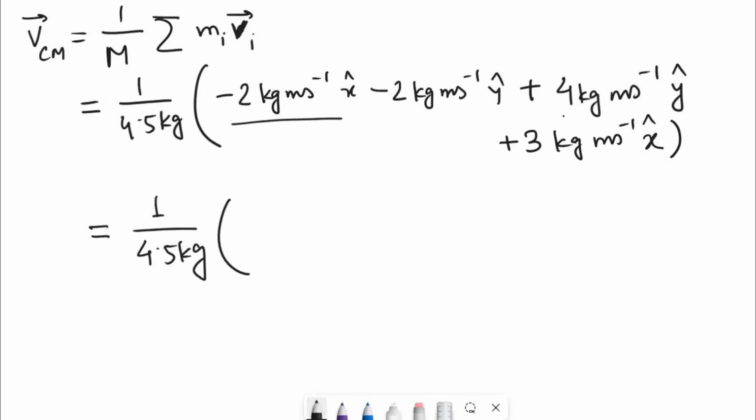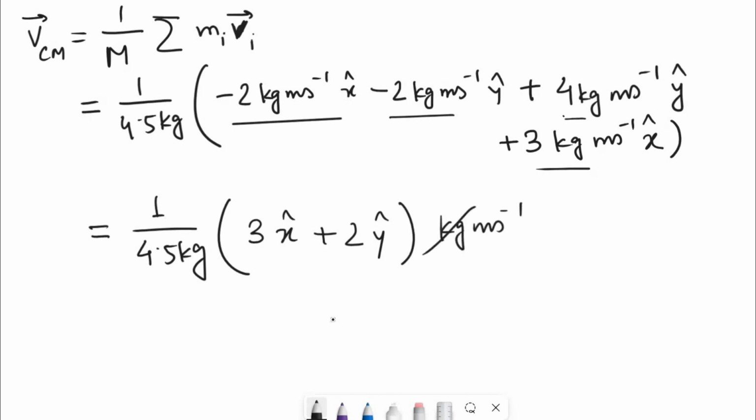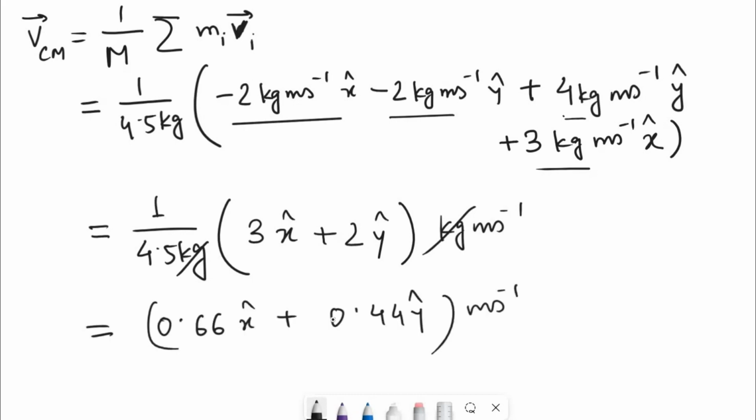So negative 2 plus 3, so 3, and x hat, and then we have negative 2 plus 4, so plus 2 y hat kilogram meter per second. Kilogram is cancelled by kilogram, and so we have this vector as a result, as indicated by our calculator. So that would be the velocity of the center of mass.